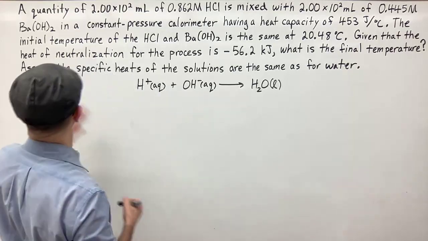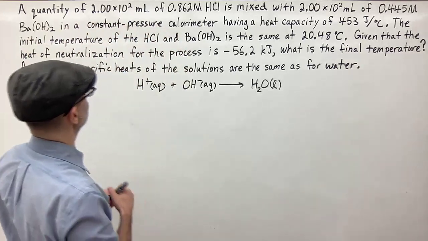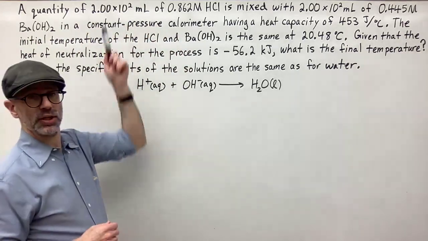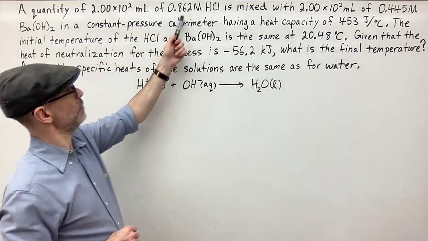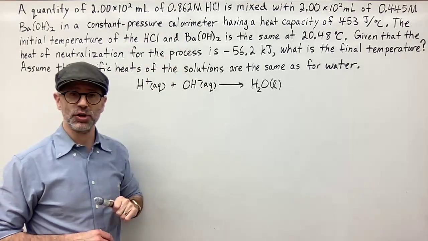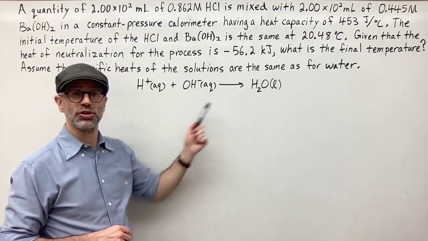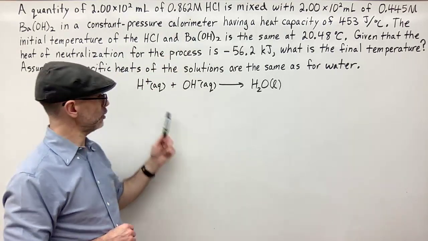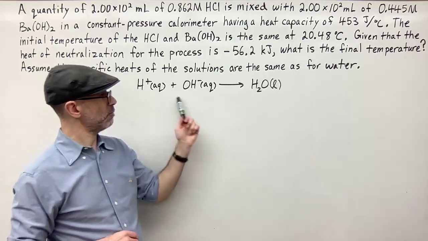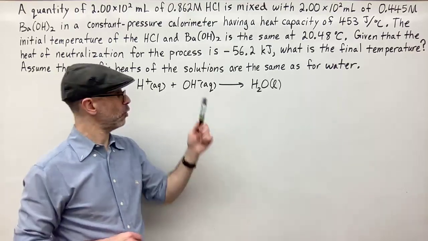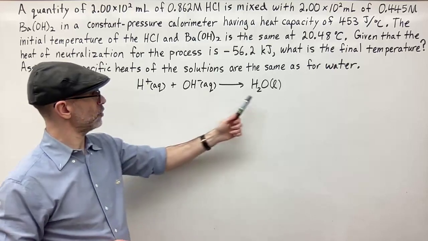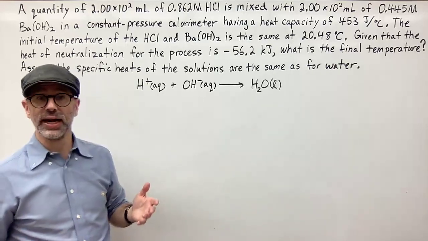So I'm going to start with HCl. They gave us 200 milliliters of HCl and the molarity. I can use the molarity as a conversion factor to convert from liters to moles, and then use the balanced equation to convert from moles of H plus to moles of water.